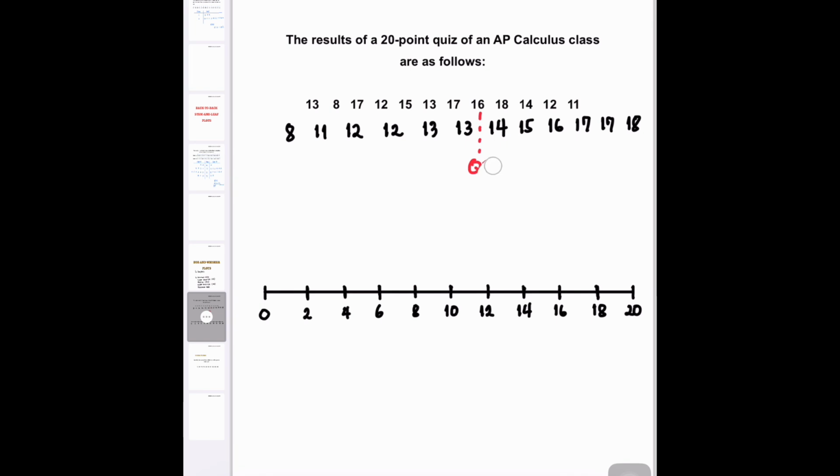If you take a look at the left-hand side of the median, you have 6 different data values to the left of the median. Also, you have 6 different data values to the right of the median. So they are equally divided.